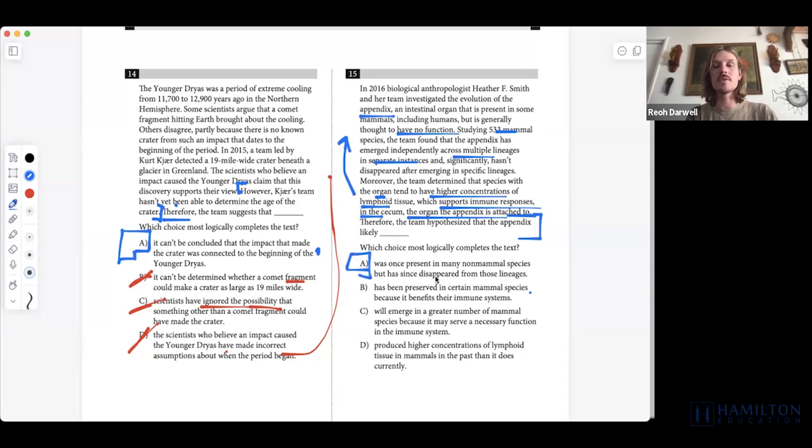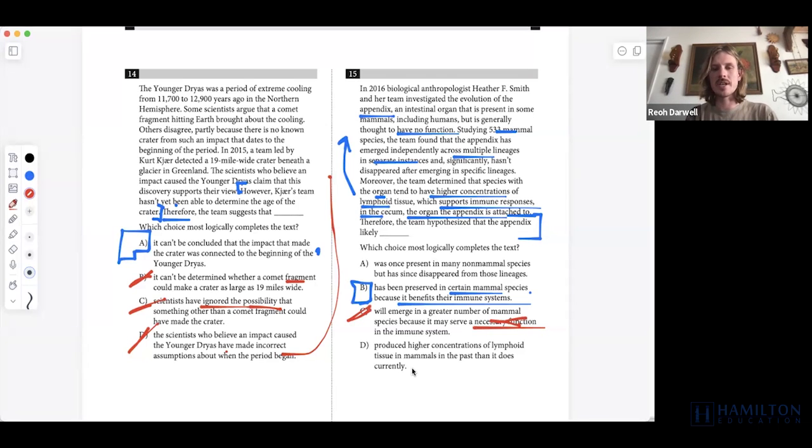Which answer choice refutes that? Sorry, not that one, that's for sure. B, right? It has been preserved in certain mammal species because it benefits their immune systems. So it has a function, benefiting immune systems, and that's why it exists. All right. Now, C, the necessary function, we cannot say because it's not in all mammals, right? It's beneficial, but not necessary.